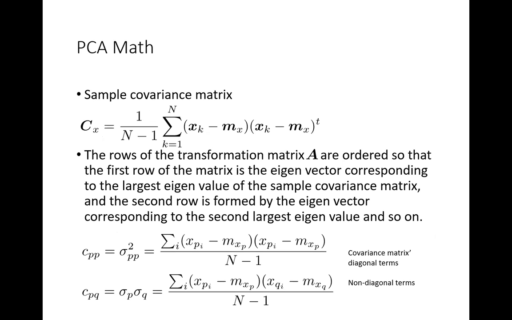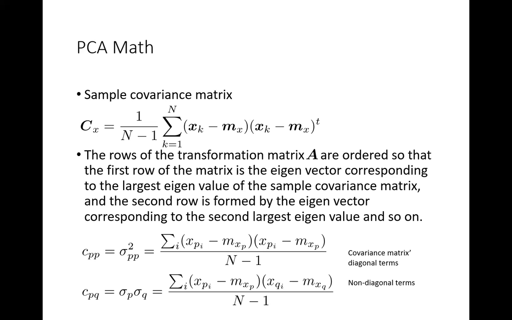Now, how do we define the sample covariance matrix? The formula is shown here. It will be 1 divided by capital N minus 1, and then you take the product of x sub k minus m sub x multiplied with x sub k minus m sub x transpose. That gives you a matrix of size n by n.